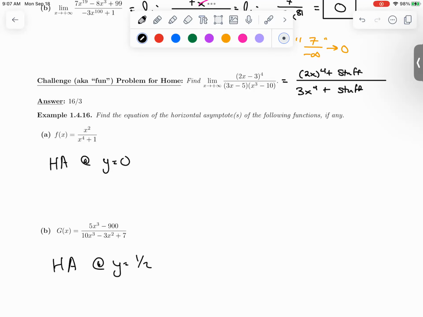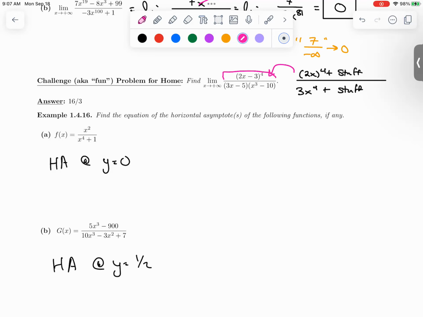So you're just going to get 2x times 2x times 2x times 2x. And then there's just going to be a bunch of lower degree terms at the end of it. Similar here. I mean, yes, you could FOIL it out. It's not too terrible, but you don't care about any of those things because we're looking at the limit as x goes to infinity. So with that in mind, that's an abuse of notation here. So I'm just going to point to this thing right here.